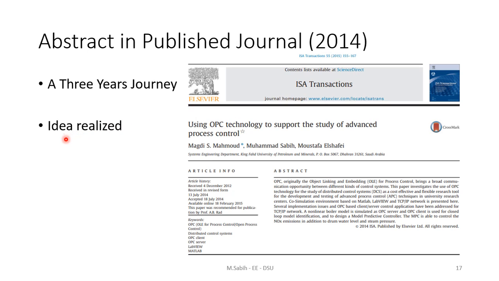So the idea was realized, and now we will focus on the abstract. Here you can see that the paper was received in December 2012, revised, and finally published in 2015.